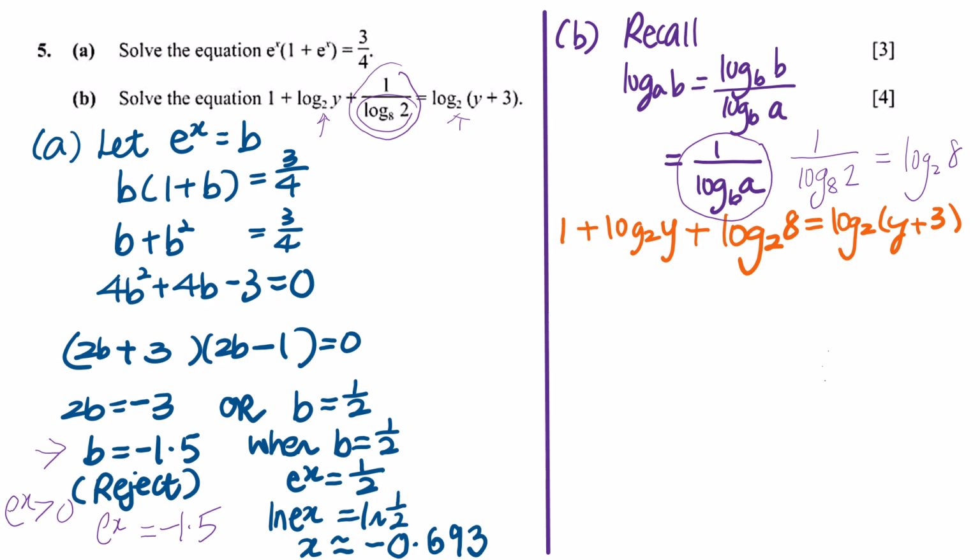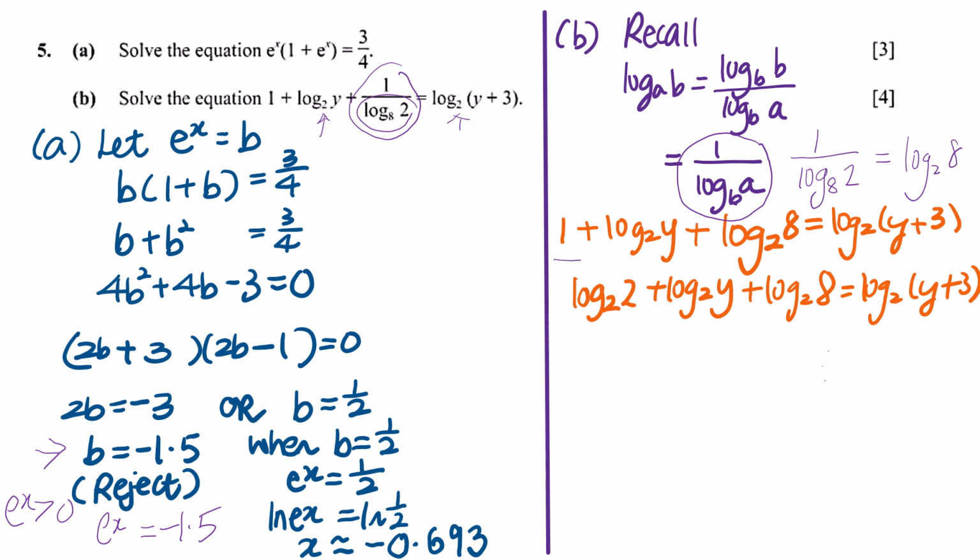Right, but you still cannot use the product rule for this because I have to change 1 to base 2 as well. So log base 2 of 2 is 1. So with that, I have all the logs in terms of base 2 and I can apply the product law.